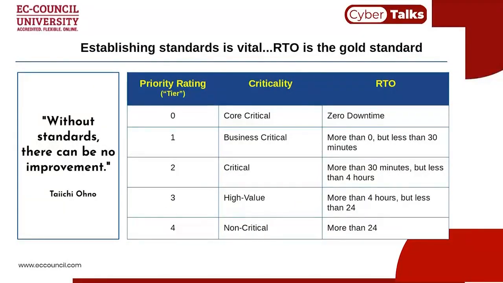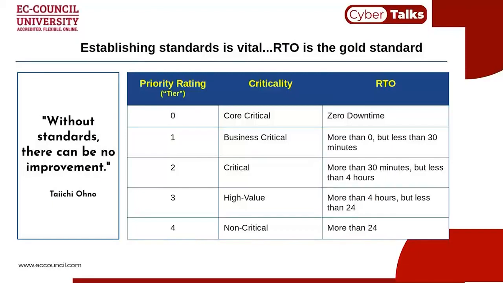So you need standards too. And these standards are how you mark things, categorizations. We just talked about priority ratings of 0, 1, and 2, and things are critical. And as you can see, the criticality remains the same: core critical, business critical, critical, down to non-critical. As DR folks or even process folks, we need to align that to what it means in terms of time.